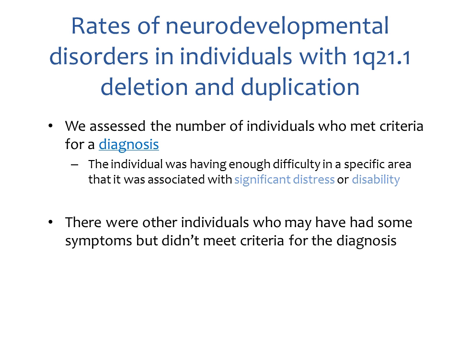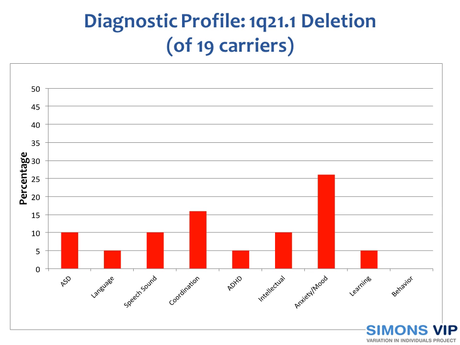So if we start first with our deletion carriers, what we have on this slide here is the different diagnostic categories, these different neurodevelopmental disorders, along the x-axis, and the y-axis has a percentage, which can be misleading when we look at percentages here because we're only talking about a total of 19 individuals that we're able to study in this first preliminary analysis of individuals with 1q21.1 deletion. So these are still small numbers.